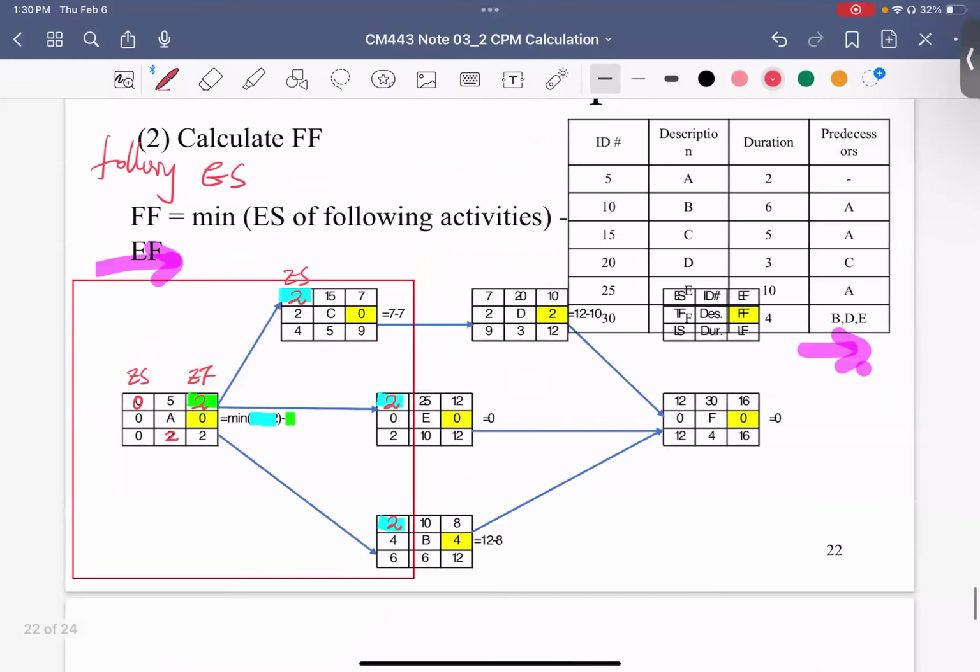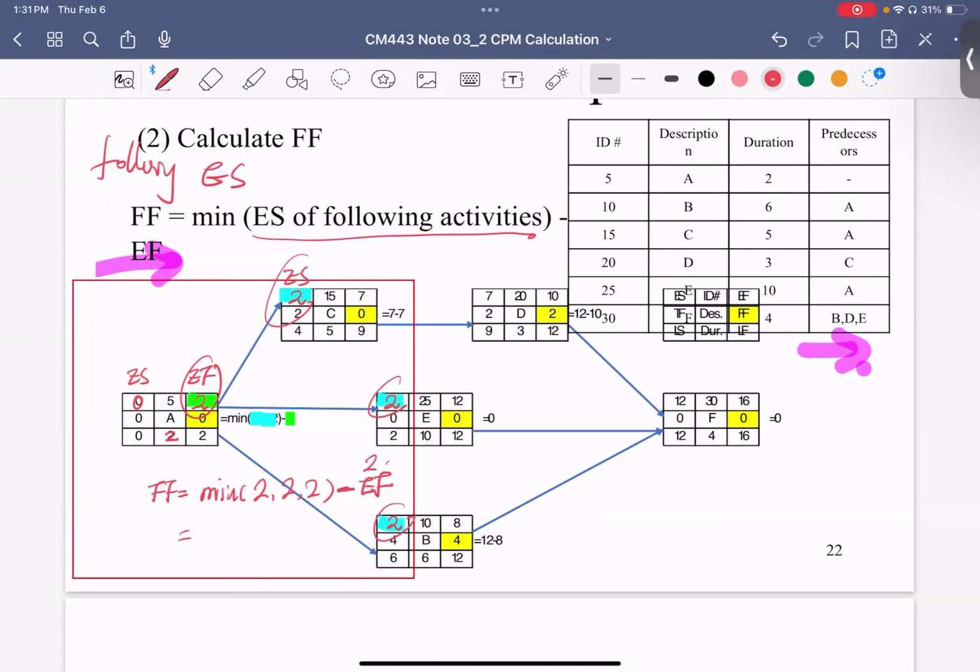Since we are looking for the free float, it is equal to the minimum of the following activities' early start times, which are 2, 2, 2, minus the early finish time here.